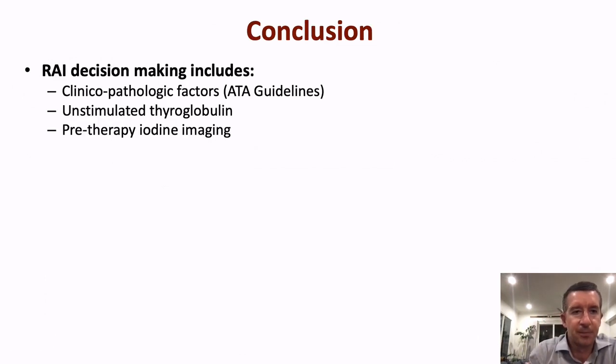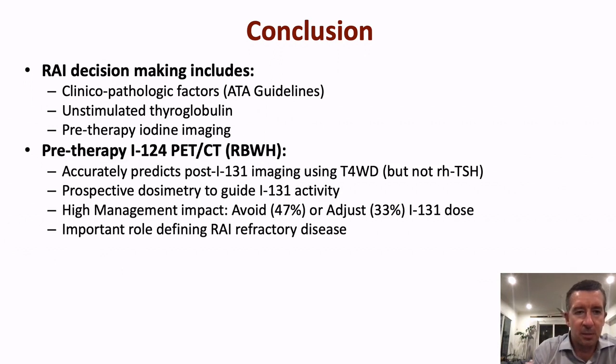So in conclusion, I'd just like to reiterate that radioactive iodine decision making includes both clinico-pathologic factors, but also the use of an unstimulated thyroglobulin and pre-therapy iodine imaging. Our preference is certainly to use I124 PET for that at Royal Brisbane, and this has got increasing use around Australia, particularly with the iFirst study.